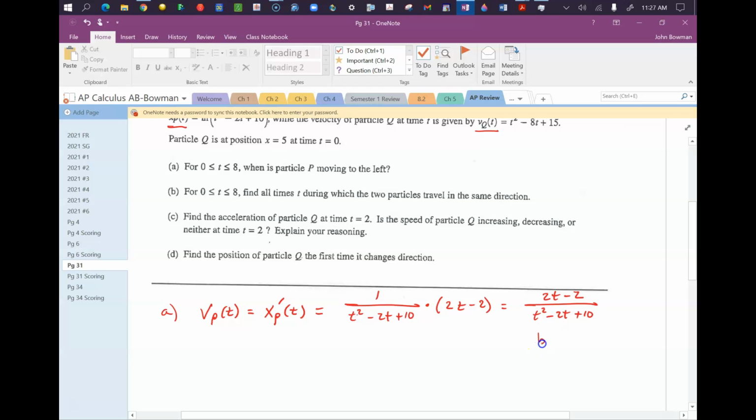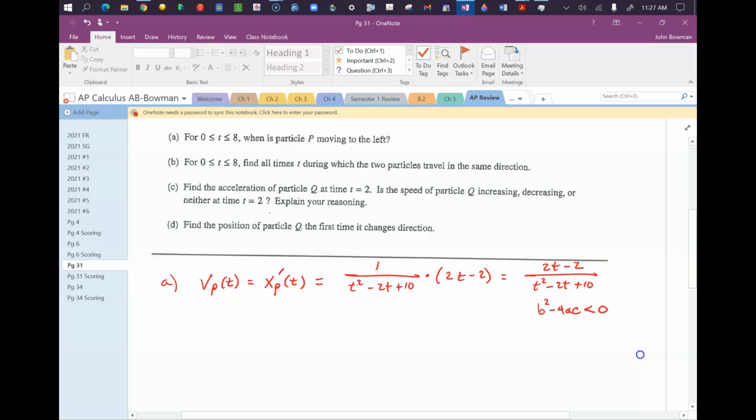If we were to think about b squared minus 4ac, we would see that that's negative, and that tells us that that quadratic never touches the x-axis. So it lies entirely above the x-axis. Therefore, it is always positive, which actually simplifies our sign chart.